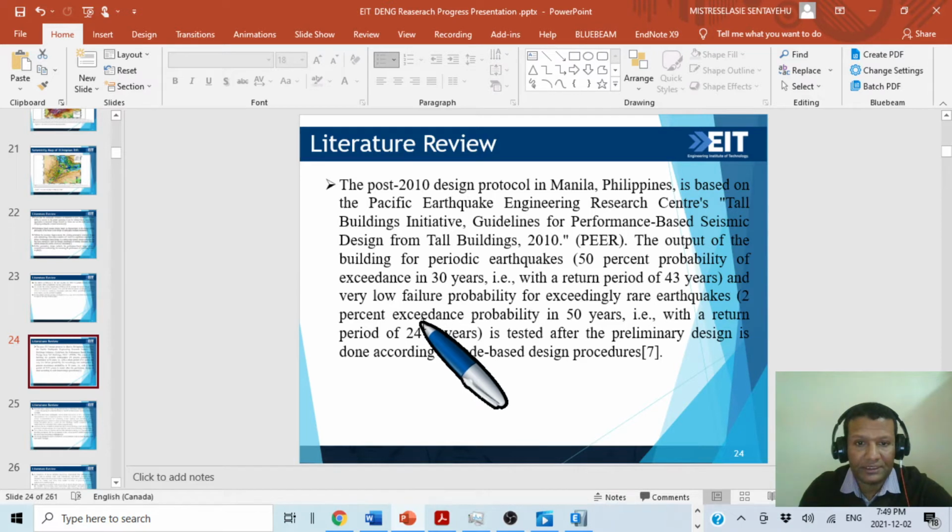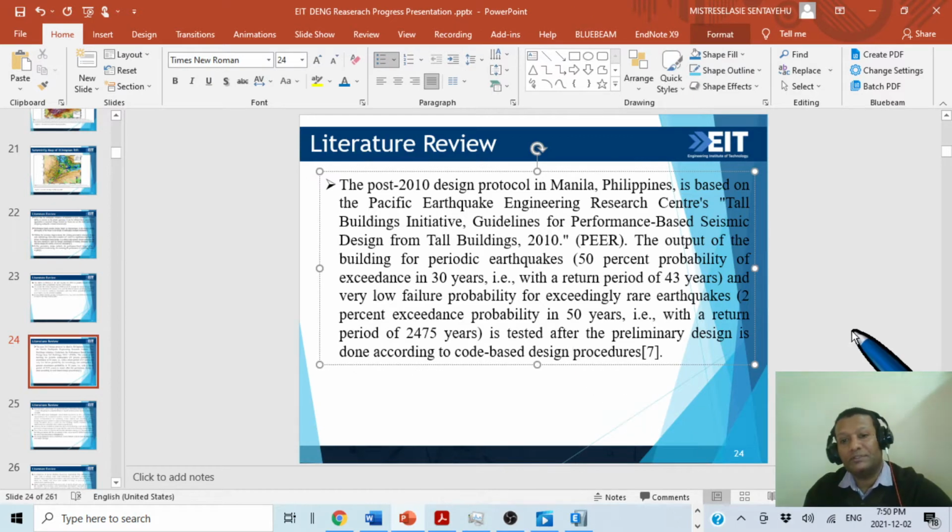This is 2% exceedance probability in 50 years with a return period of 2475 years, is tested after the preliminary design is done according to the code-based design procedure.